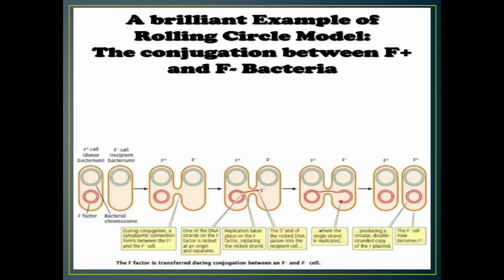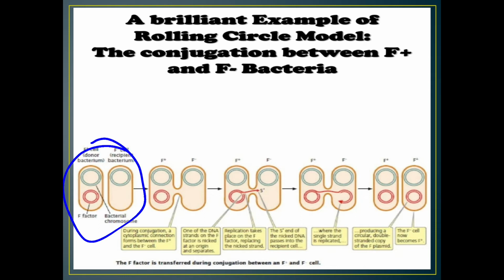And an example for this rolling circle model is the conjugation between F plus and F minus bacteria. This is for showing how it is moving. You can see in the first figure, it's just to show how it is occurring, nothing more. Here you can see how the first one was kept.